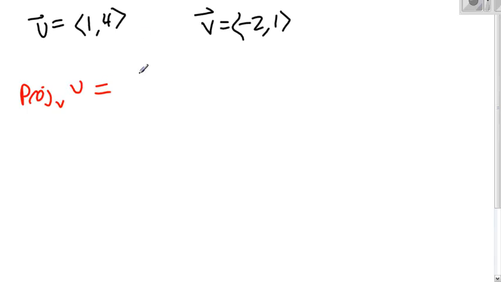So that would be the component, which is u dot v divided by the length of v. Then square the length of v and multiply it by the vector v to get the projection.